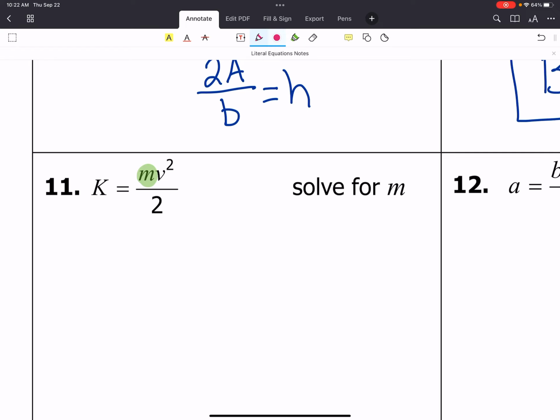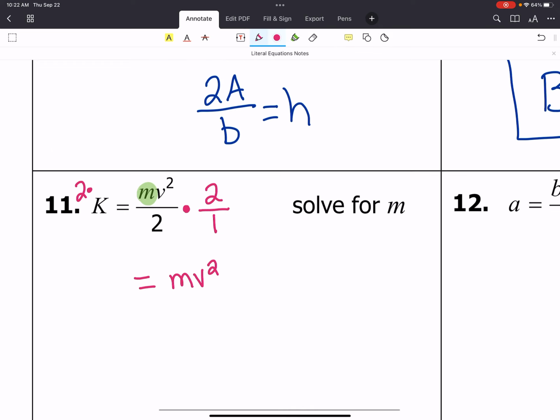So I want to take care of this fraction first. So I'm going to multiply both sides by the inverse of that denominator, which means I'm left with mv squared on one side and 2k on the other, because those 2's have canceled.